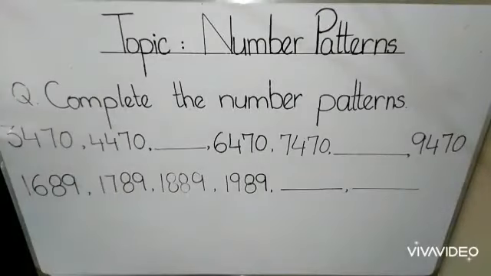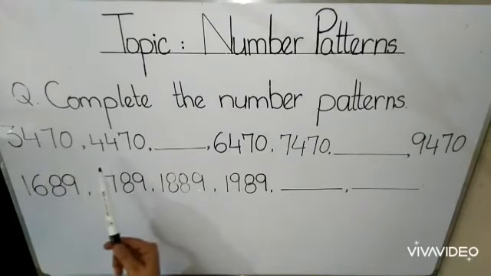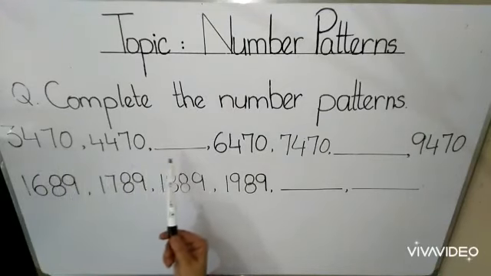Students, in the next question you have to complete the number patterns. In the first part, the numbers are 3470, 4470, then there is a blank. The next number is 6470, 7470. Again there is a blank and the last number is 9470.